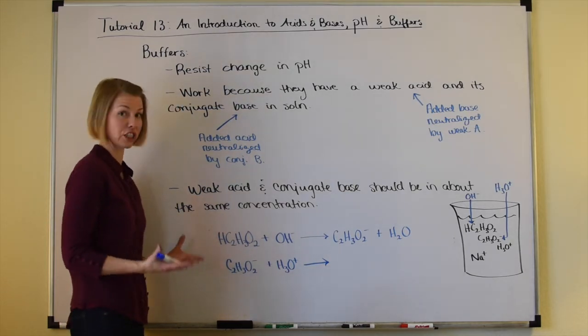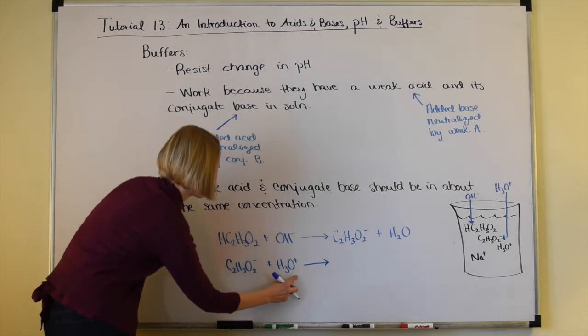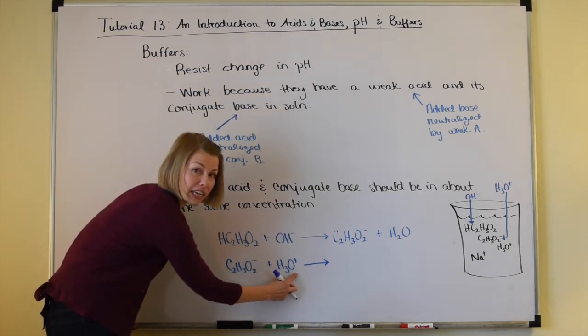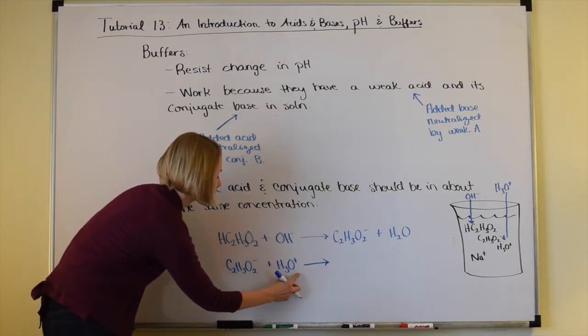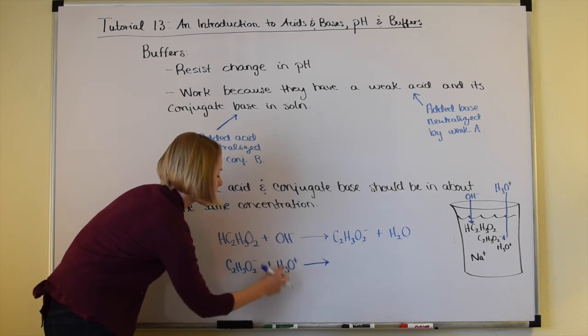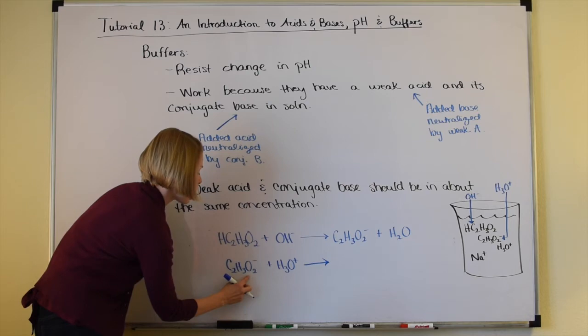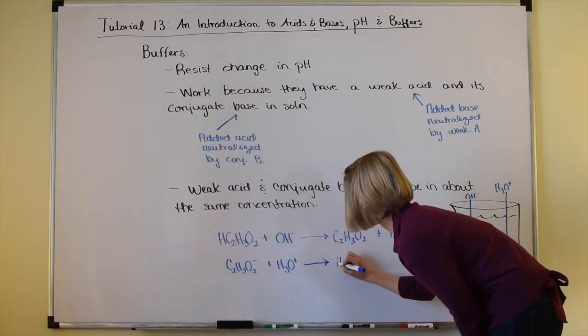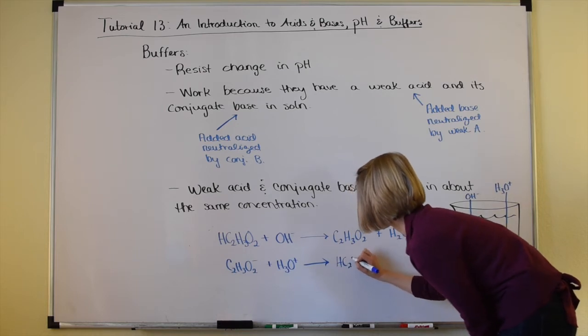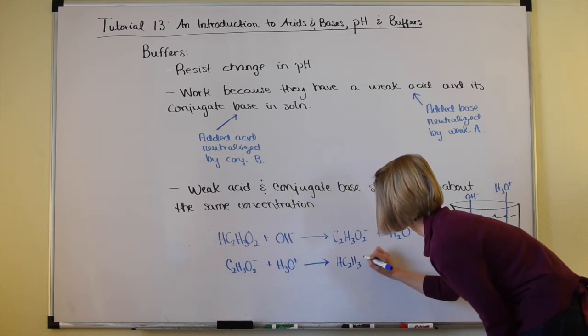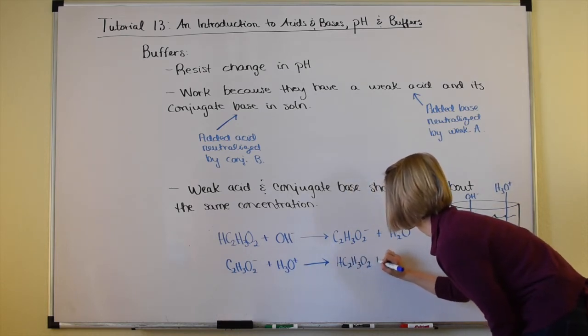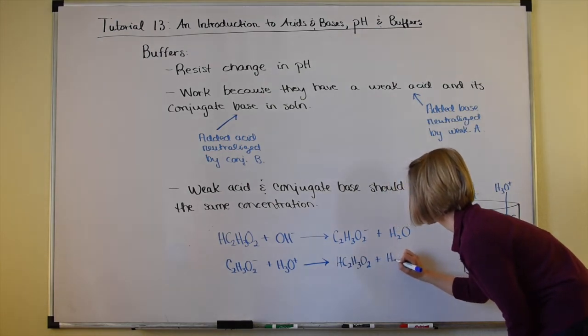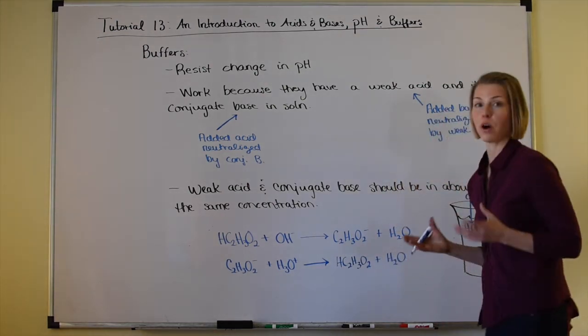That's what's going to change the pH. All right, so in this case, it doesn't change the pH, not drastically at least, because our hydronium ion is going to donate the acidic hydrogen back to an acetate, producing the weak acid, acetic acid. And the hydronium is now H2O.